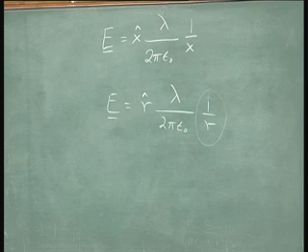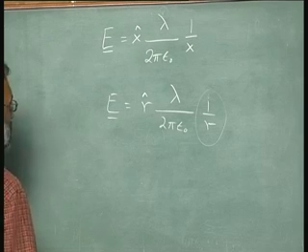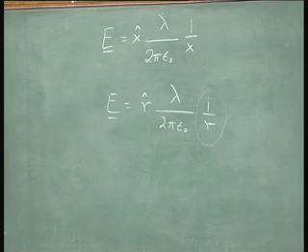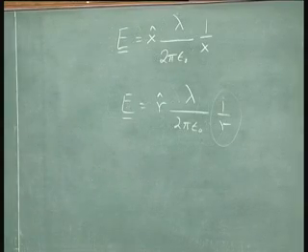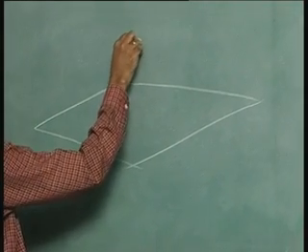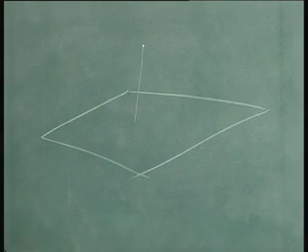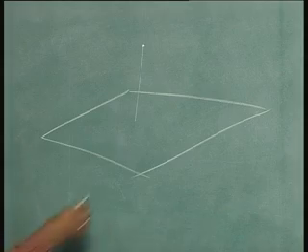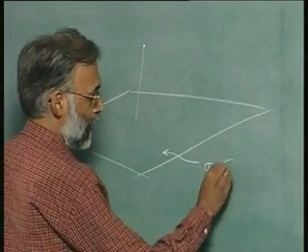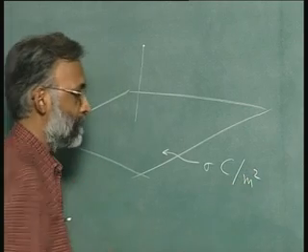Your book has done the case of a plane, and he just uses the same formula and integrates it. One can do it in a more interesting way. Supposing you have a plane, and we want to know the electric field at some point above the plane. The plane has sigma coulombs per meter square.